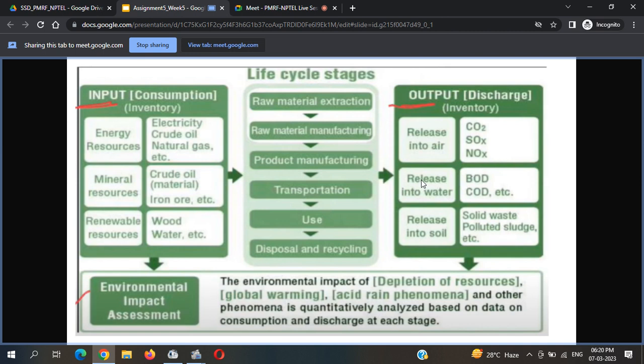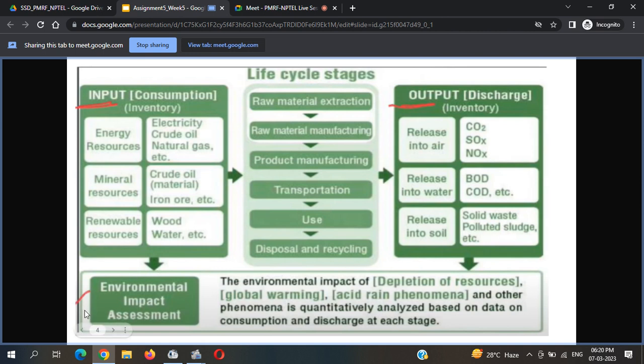And then there are effluents which are released into the water, which affect the biological oxygen demand, which is BOD, or chemical oxygen demand of the water. And then some end products which are released into the soil also. So it can be polluted sludge, or even solid waste which is released into the soil.